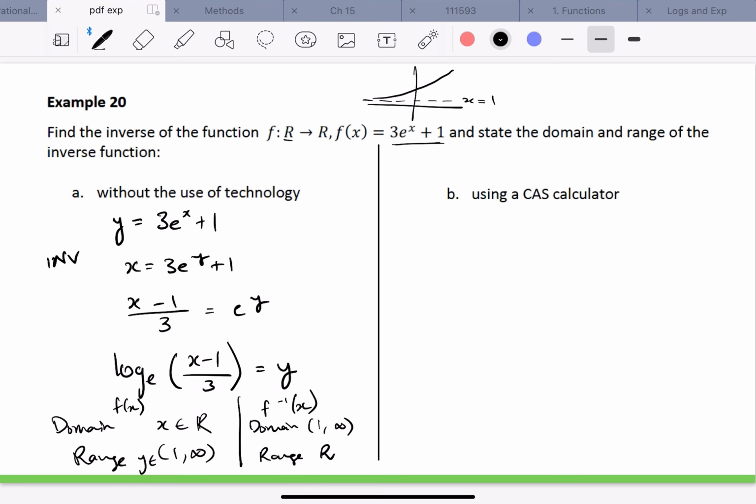In order to use this on a CAS calculator, what we can do is write it as x is equal to 3e to the power of y plus 1, and then use our solve function in order to find y. So we'll give that a shot now on our CAS.